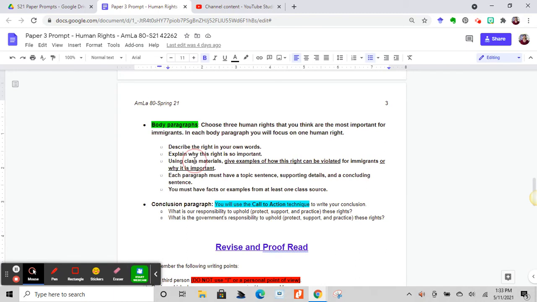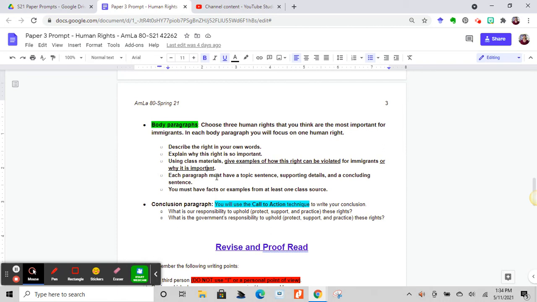Okay? Use class materials to give examples of how this right can be violated for immigrants or why it is important. So you are using class sources to support why this right is so important or impactful to immigrants.